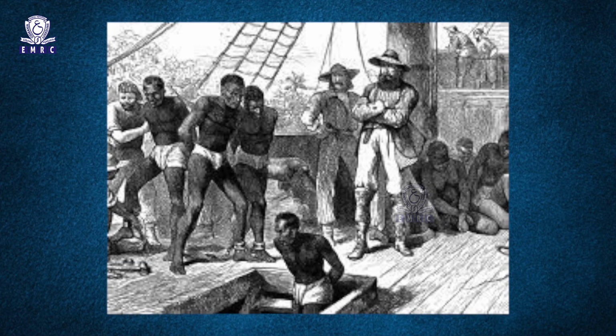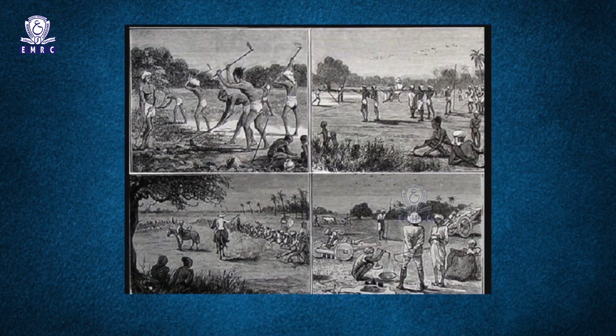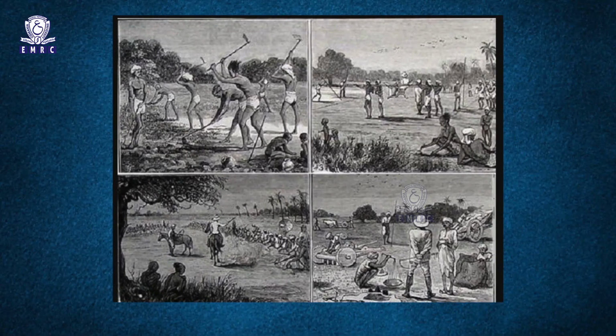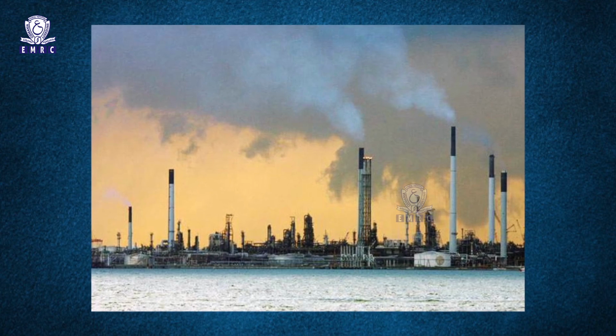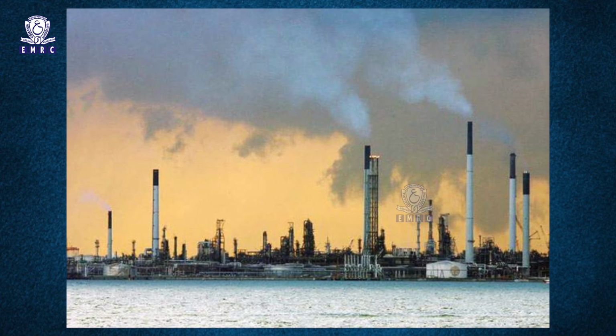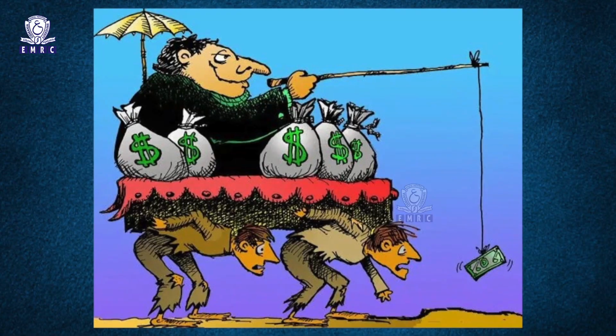Those who own and control the means of production are the slave owners, feudal landowners, or owners of property such as factories and capital, or the dominant class.